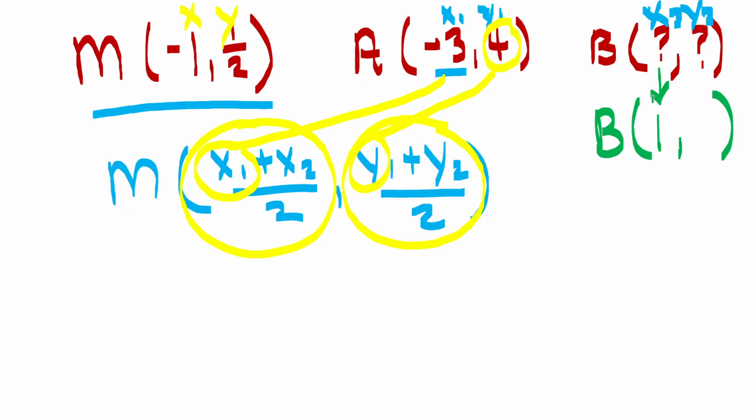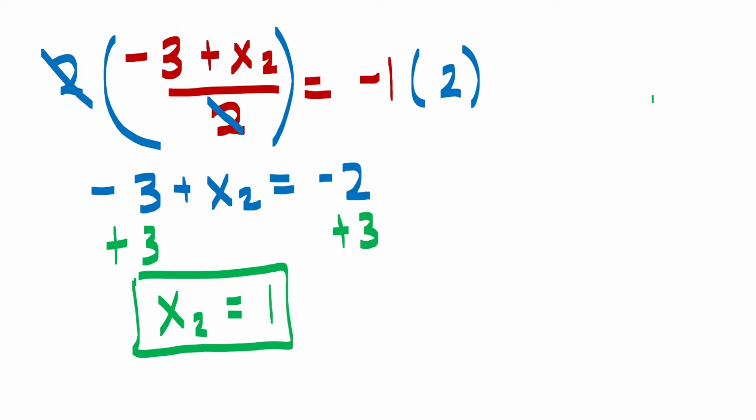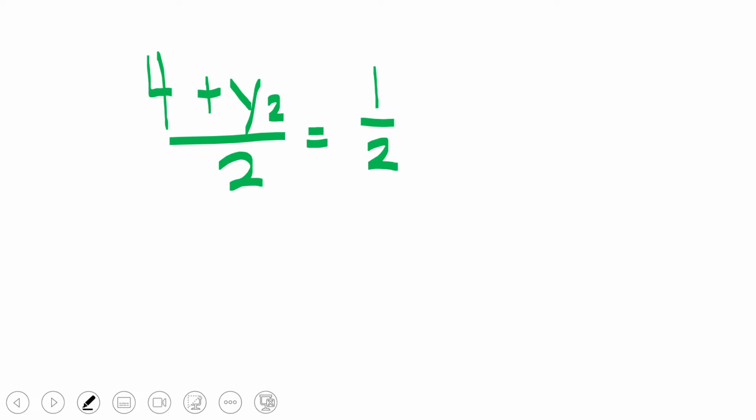Okay. Now we're going to consider our y midpoint values. We have y subscript 1 to substitute in at 4, and the answer to the y value for the midpoint is 1/2. So we're going to have (4 + y subscript 2)/2 = 1/2.